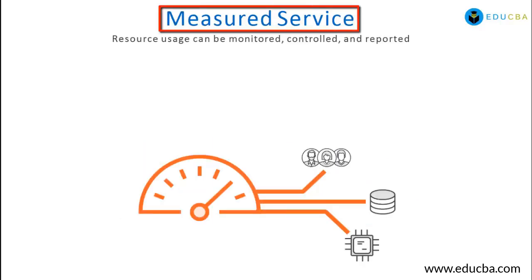Finally, we have measured services. It is again from the cloud service's point of view. Whatever you use, you pay for it. Cloud is basically a pay-as-you-go model. In your traditional on-premises infrastructure, you buy all the services.